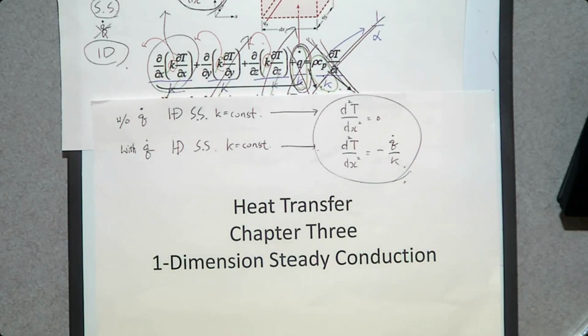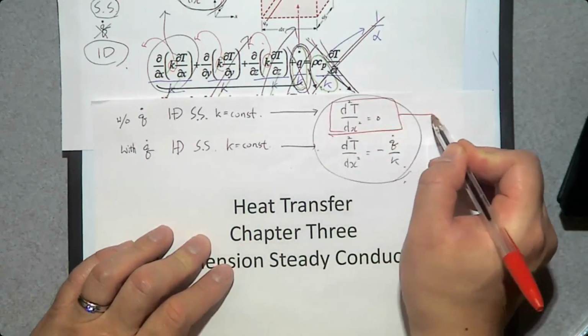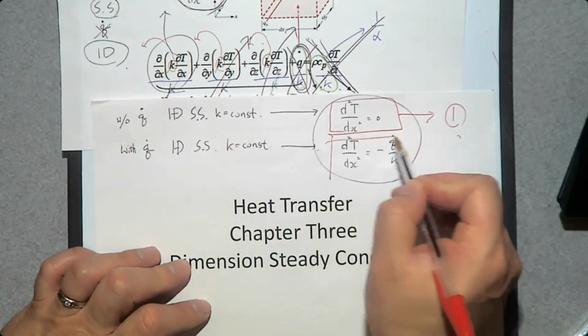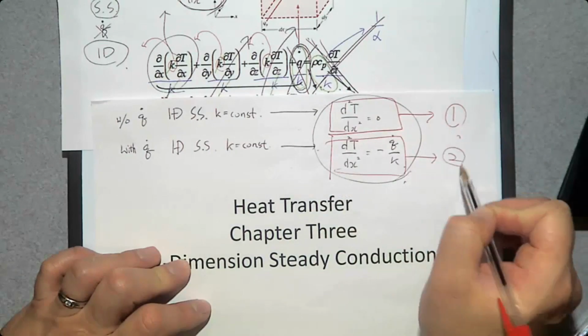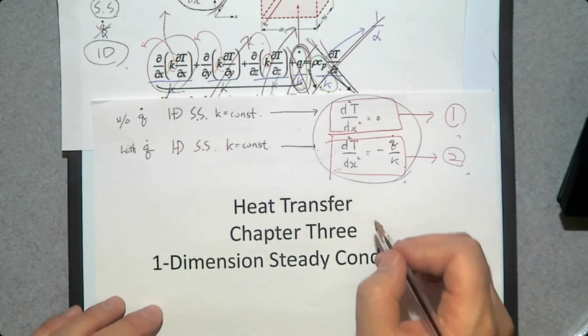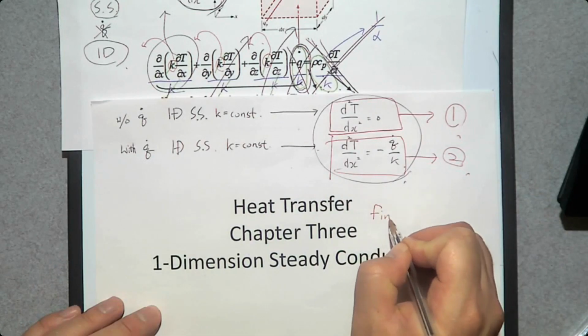So we are going to study the first without heat generation, that is the first part, and with heat generation, which is the second. And we are going to study a unique one-dimensional heat transfer, which is called fin.